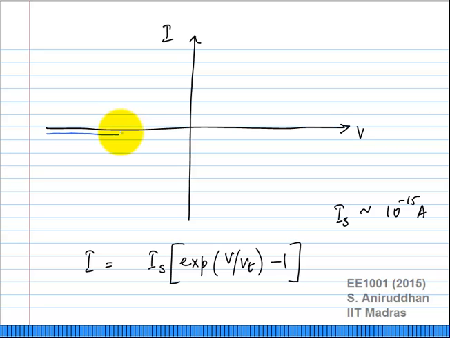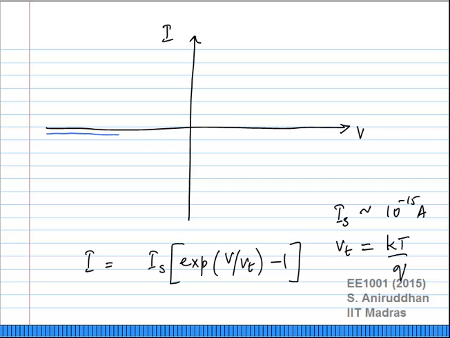Now the next question is, what is Vt? Vt is kT by q. We are writing down the elemental relationship for a diode, and as it so happens, it depends on certain parameters.